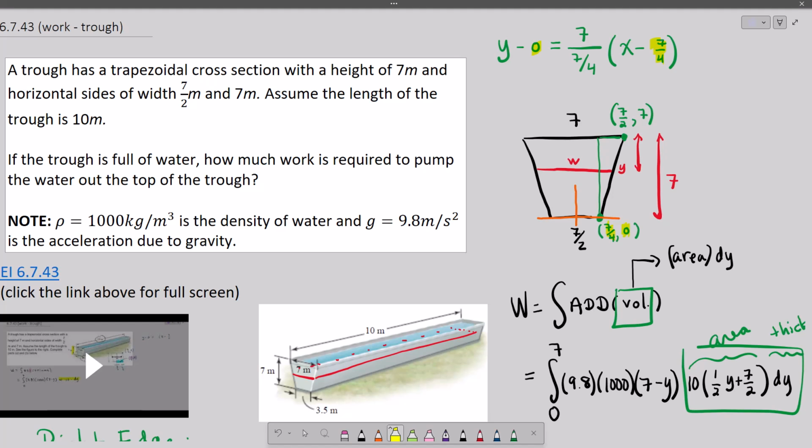Just for how the problem is worded, it asks how much work is required to pump the water out of the top of the trough. Is that the whole thing? So the limits are 0 to 7 because we're imagining a drain right there. And so we're pumping out layers of water from 0 to 7, and we're just pumping them straight out.